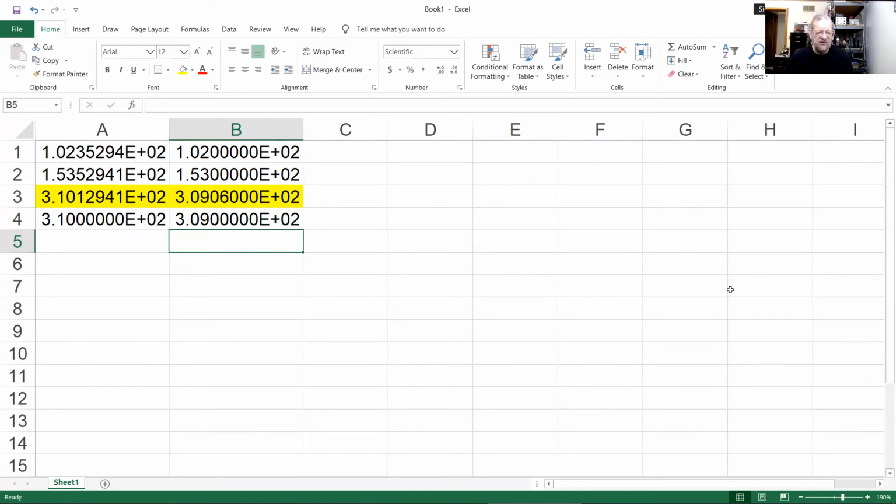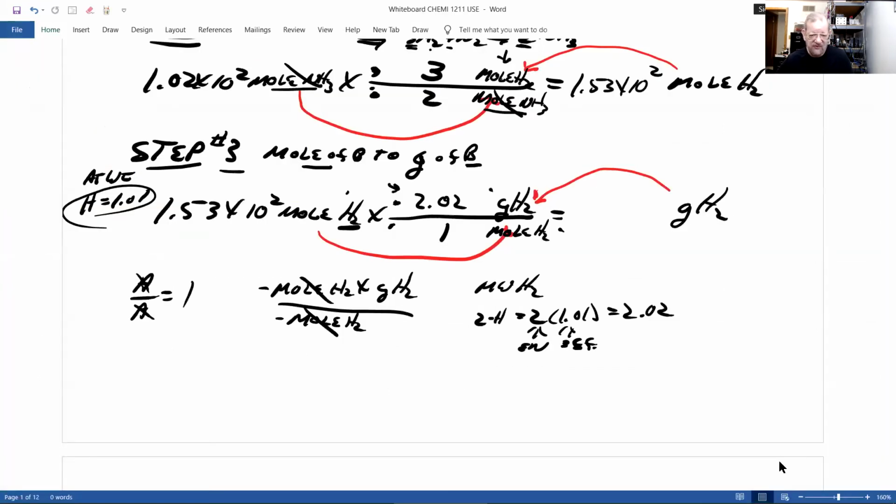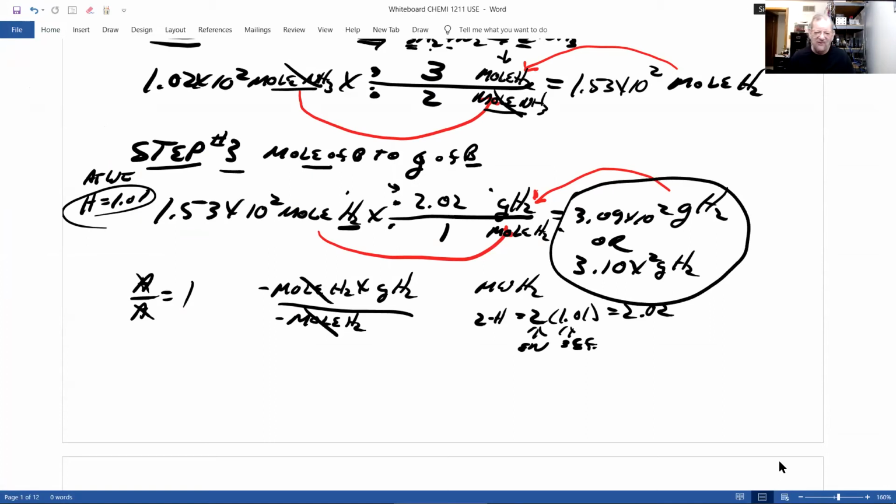On problems like this, which are multi-step, I calculate rounding off at each step, column B, or rounding off at the end, column A. So the correct answer for this is either one of these, depending how you round off, and that's the final answer.